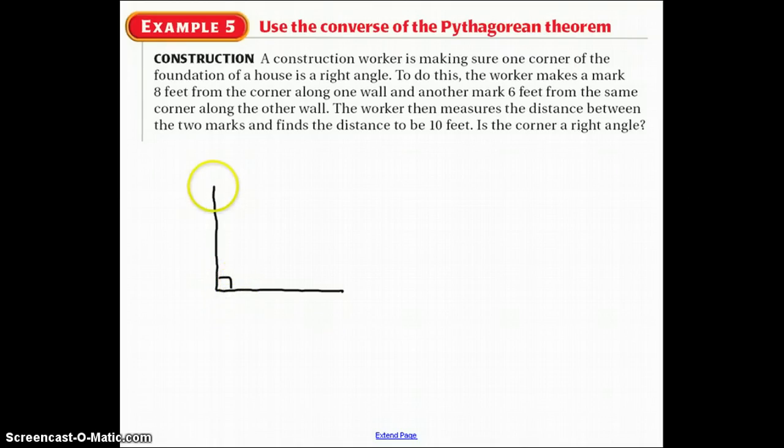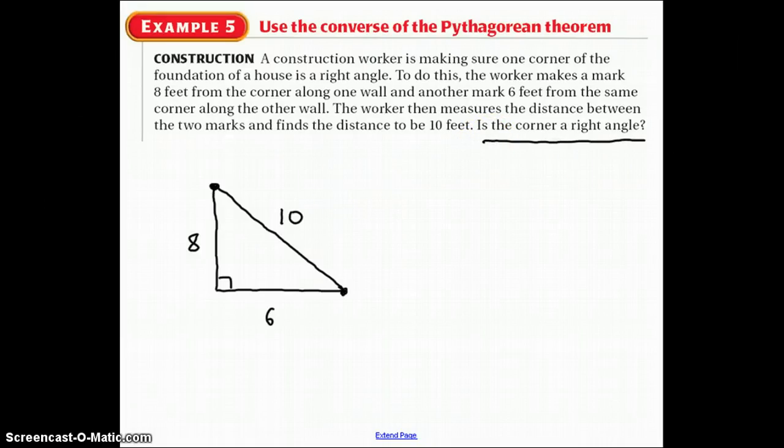And he makes a mark 8 feet from the corner along one wall. So here's our 8 feet. And then he marks another one 6 feet. Then he measures the distance between the two marks, which is the hypotenuse, if it is a right triangle. And he gets the length to be 10 feet. So he wants to know, is this a right angle?